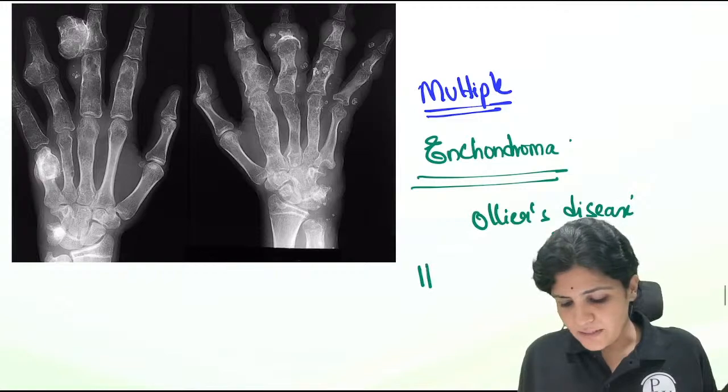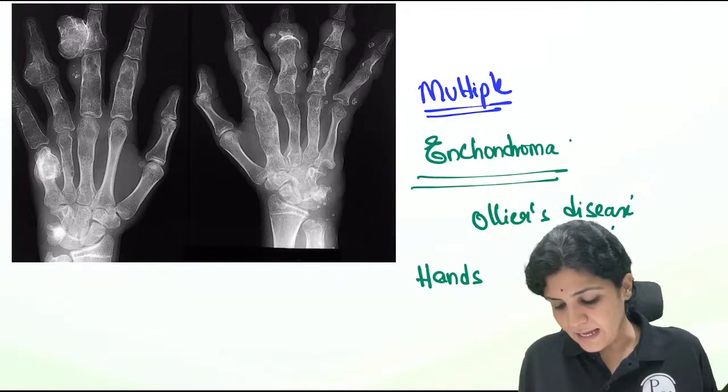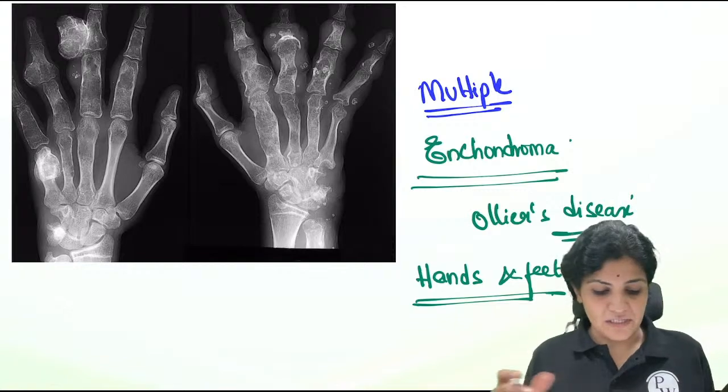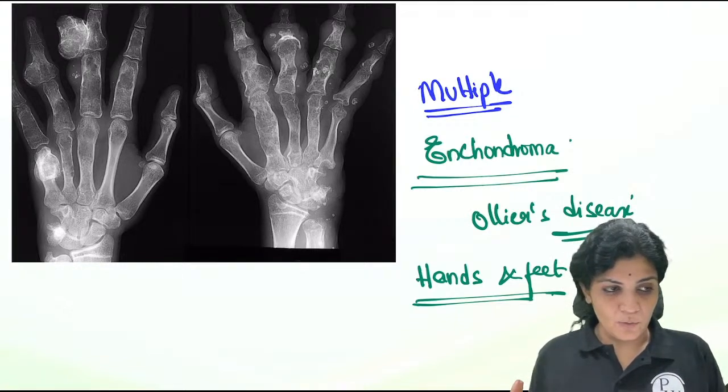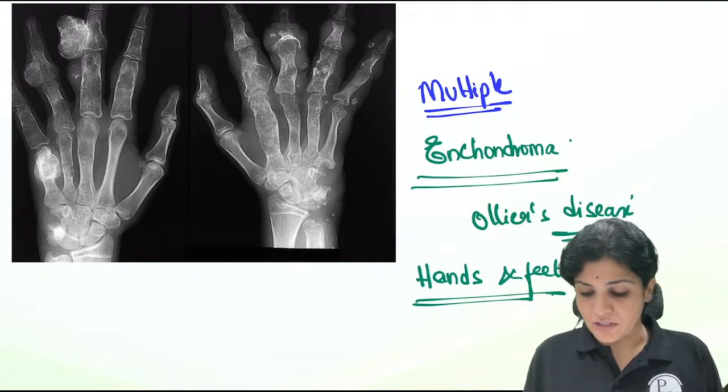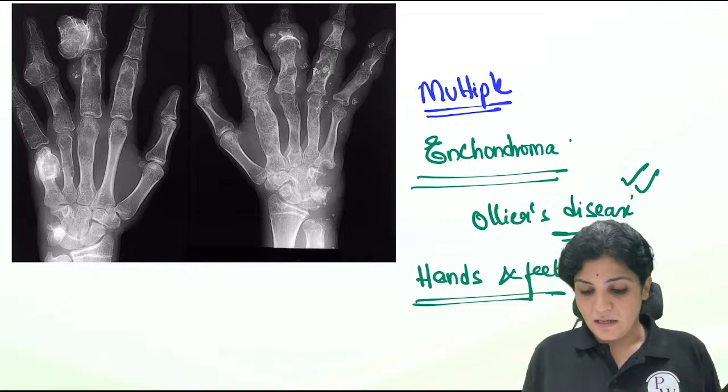Usually these enchondromas are seen in the hands and feet bones. The small structures which are present inside are called enchondromas, and multiple enchondromatosis is called Ollier's disease.